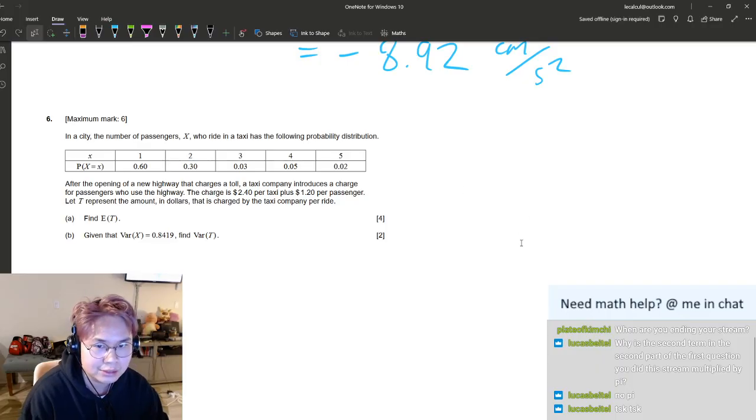So what we need to do is find out how much it's going to cost for each group of passengers. So for the first passenger, it's going to cost $2.40 plus $1.20, which is $3.60.